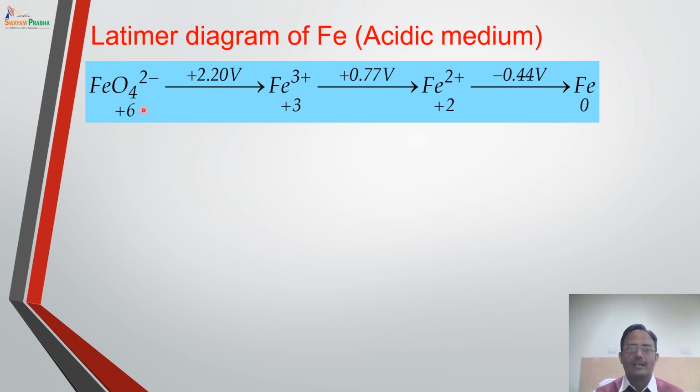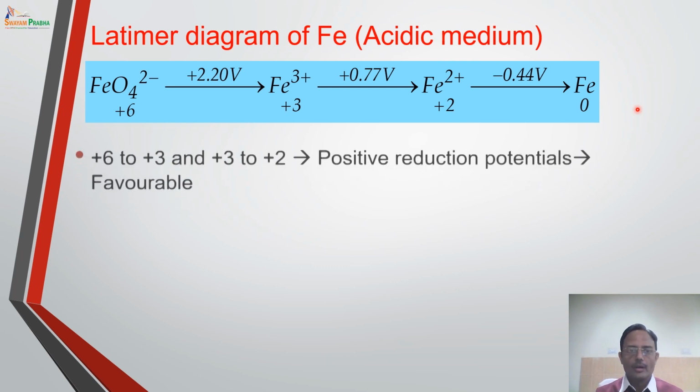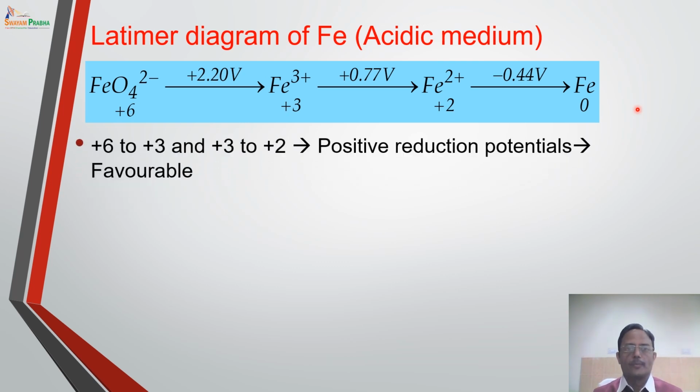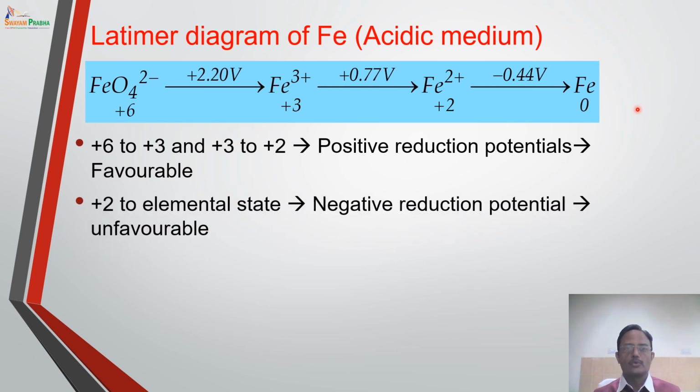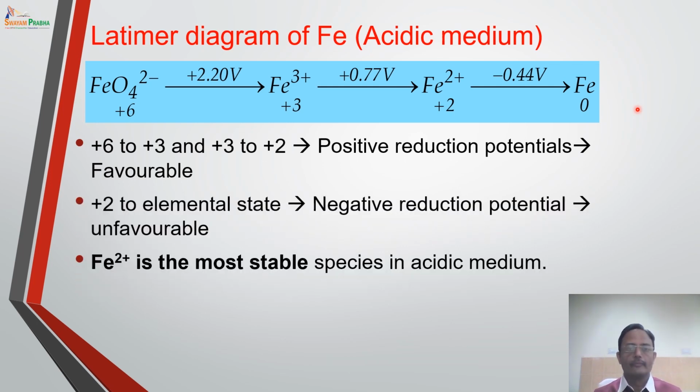It means that conversion of +6 to +3 and +3 to +2 oxidation state are feasible, whereas +2 to 0 is a non-spontaneous process because the reduction potential over here is negative. So +6 to +3 and +3 to +2 are favorable, but +2 to elemental state is unfavorable. So you can say that Fe2+ is the most stable species in acidic medium.